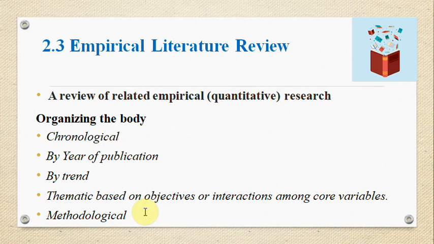Somebody used the VAR model or VEC model and all of that. You can arrange based on the methodology that has been used for that work. That could be your order. But the important thing is that somebody reading your literature review should be able to identify an order in that work. And that makes it a brilliant job.